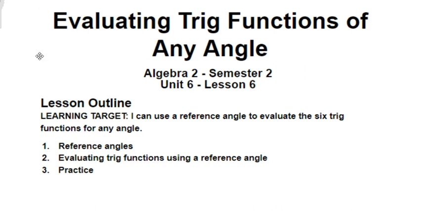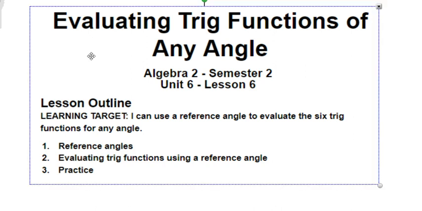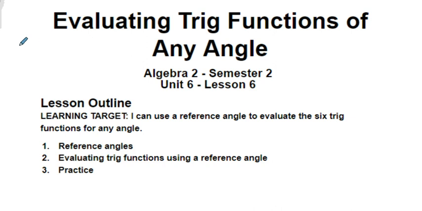All right, a really quick reminder of our functions. You've got your basic SOHCAHTOA, which I think most of us have been pretty good on. We've been using those pretty regularly.